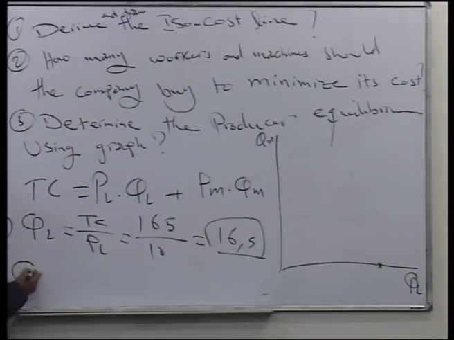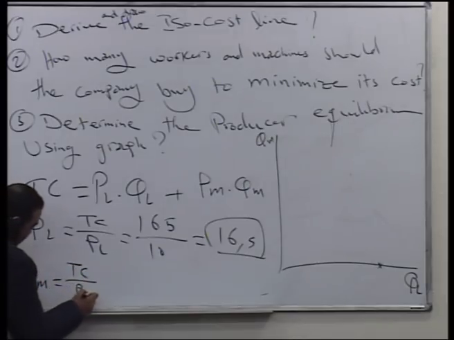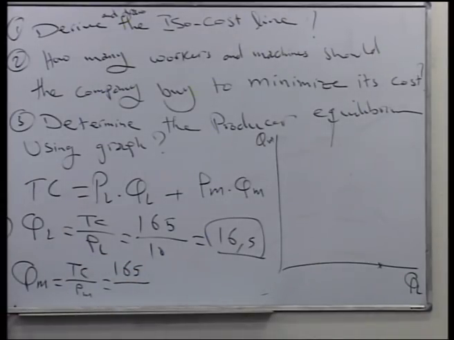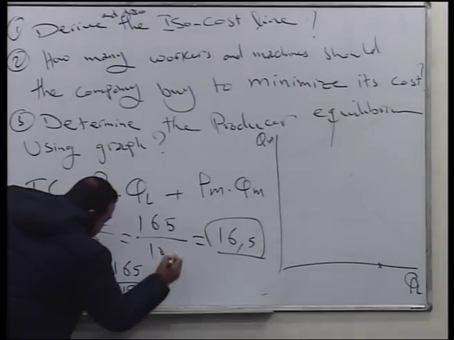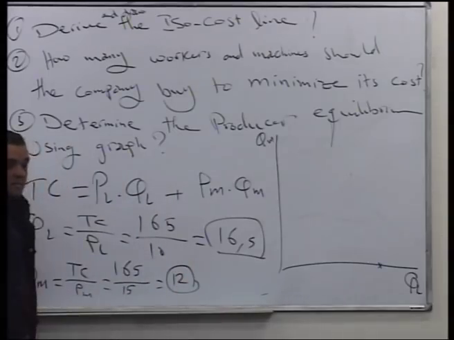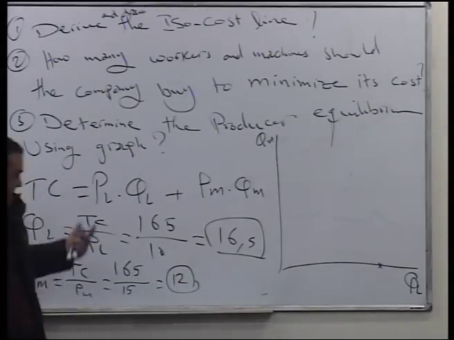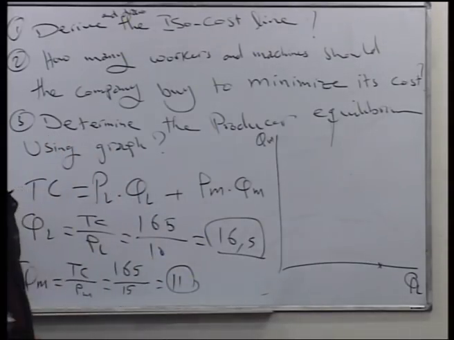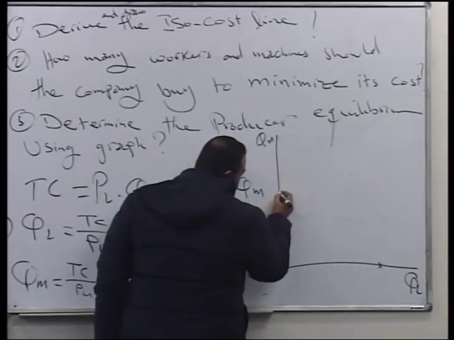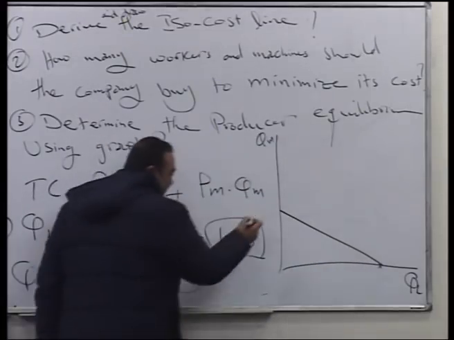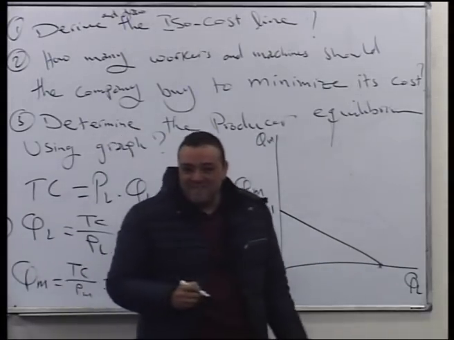What will we have if we want to use all machines? QM equals total cost over the price of M, 165 over 15. How much is it? 11. Okay, so 11 and 16.5.